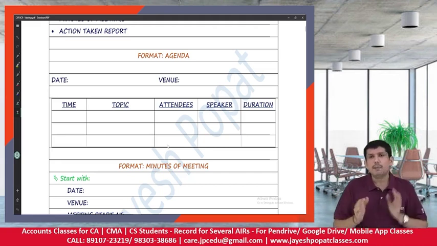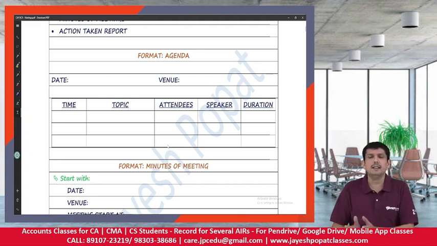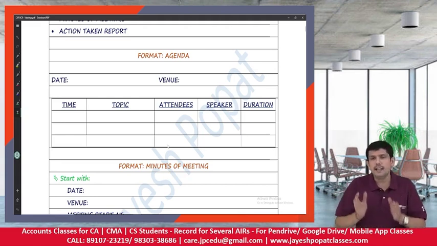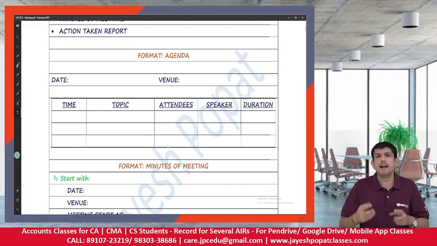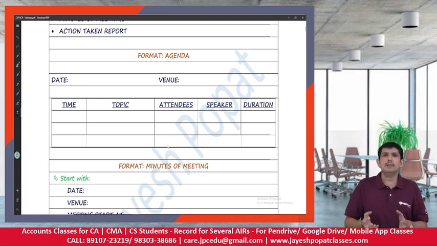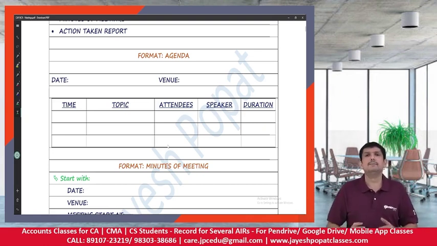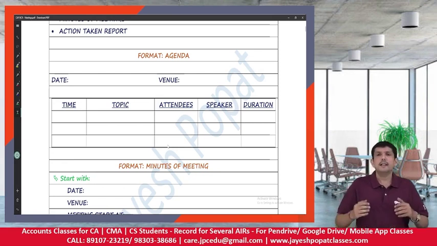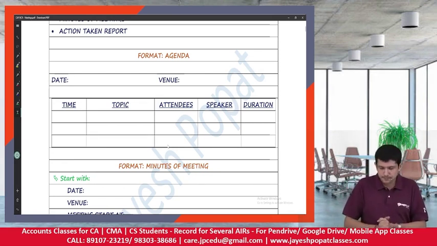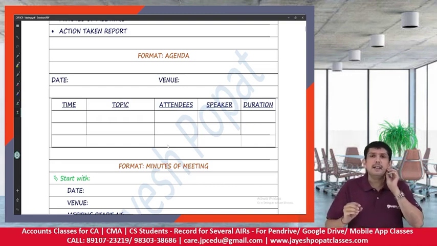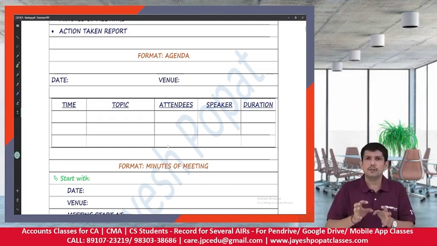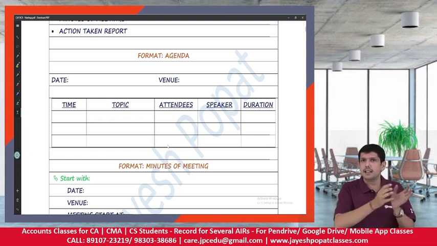Because the intended participants, the people who will attend the meeting, will know well in advance what matter will be taken up in the meeting, and they can prepare themselves and do their homework in relation to the discussions which are to be made there. For example, let's say the meeting is to discuss the performance of a particular product in the last quarter.